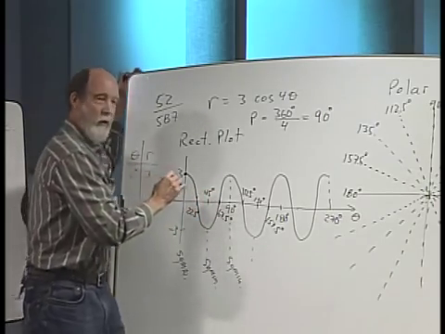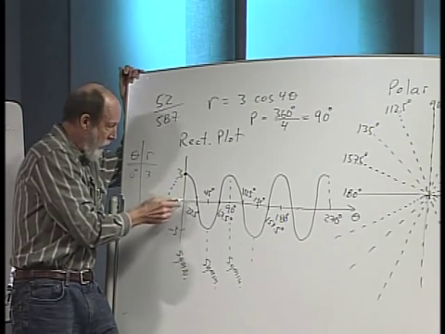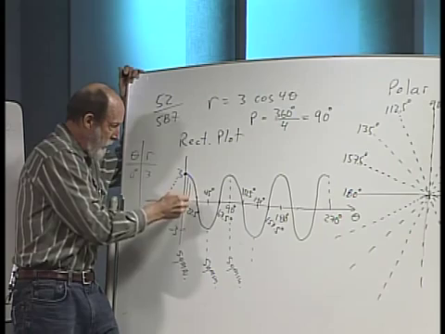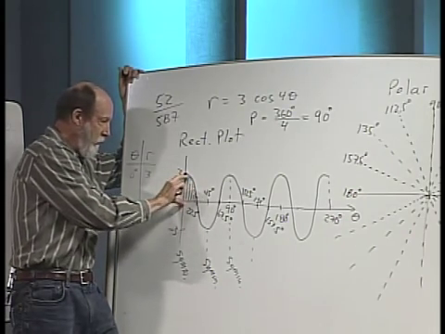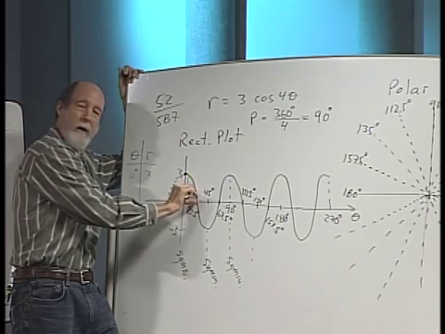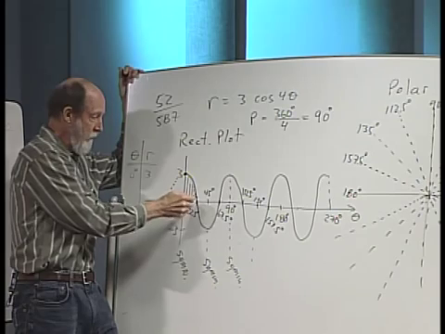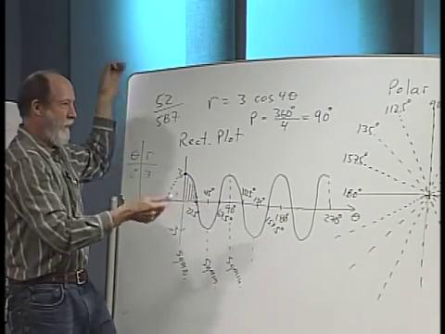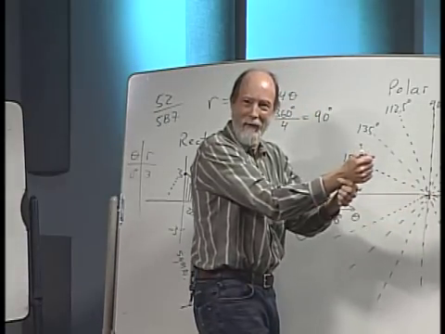Now, look back over here at the rectangular plot. What's the radius doing as I move from 0 towards 22.5 degrees? The radius is decreasing, isn't it? Until when I get to 22.5 degrees, the radius is 0. Imagine you've got a bracelet on, like I said yesterday.